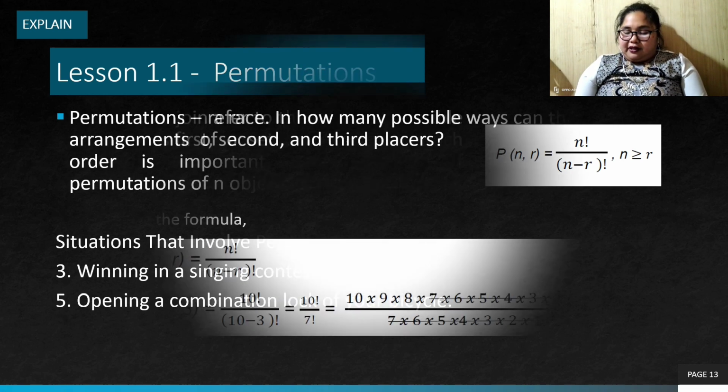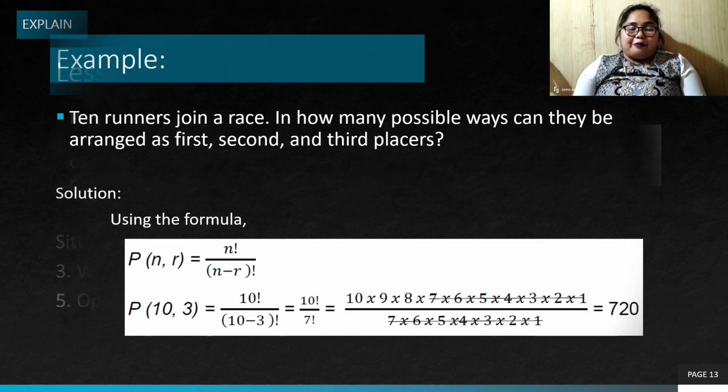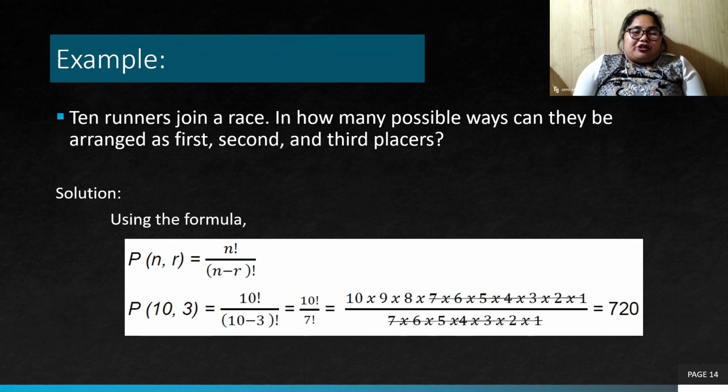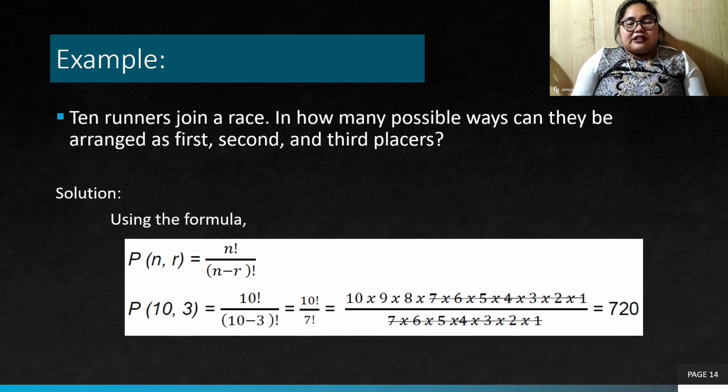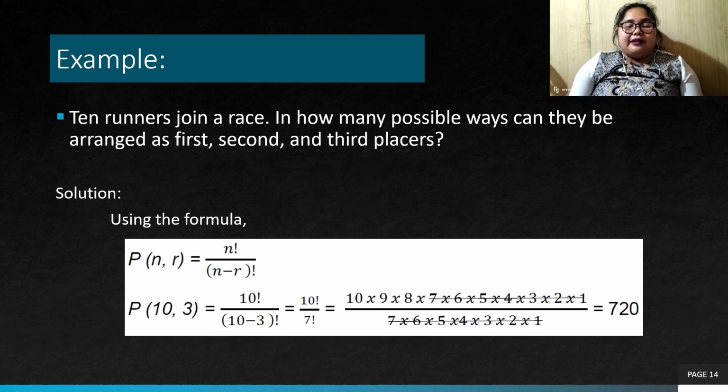of your bicycle. For example, there are 10 runners who join a race. In how many possible ways can they be arranged as first, second, and third placers? There are only 3 placers, and there are 10 runners. Using the formula as your solution, P(n, r) is equal to n factorial over (n minus r) factorial.